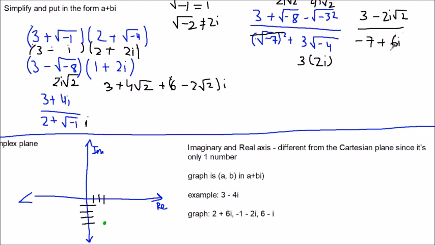Right, and if we simplify this, I'm going to do it really quickly. Actually, I can't do this really quickly. The bottom would be 49 minus 36i squared, which is 85. And then the top, I need to do 3 minus 2i square root of 2, multiplied by -7 minus 6i.